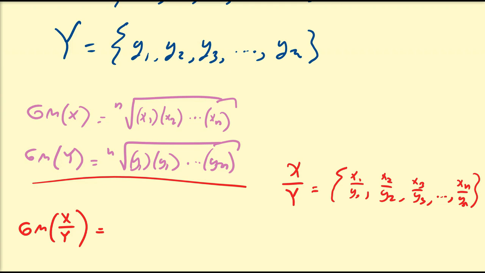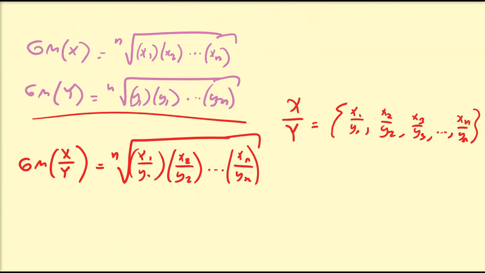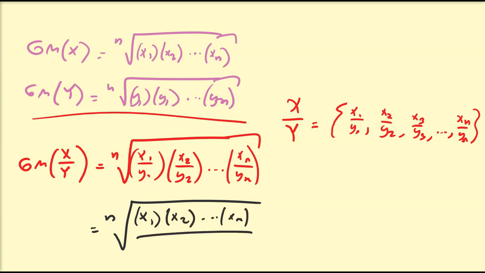So this is equal to the nth root of x1 over y1 times x2 over y2 all the way down to xn over yn. By properties of fractions, we can rewrite this as the nth root of x1 times x2 all the way down to xn, all over y1 times y2 all the way down to yn.